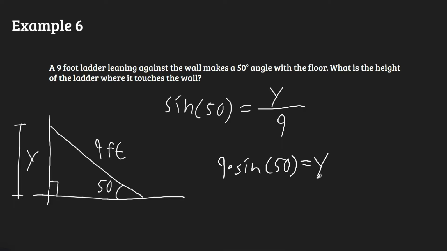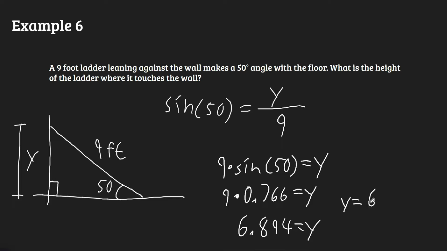So solving this problem through a little more, the sine of 50 is equal to approximately 0.766. And that's equal to y. And then 9 times 0.766 is equal to about 6.894. So we know that 6.894 is equal to y. So y is equal to 6.894 feet.